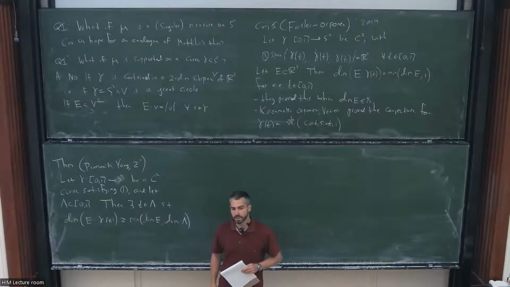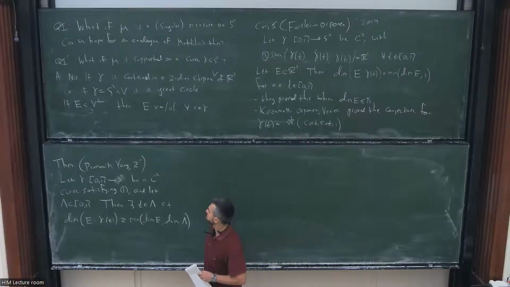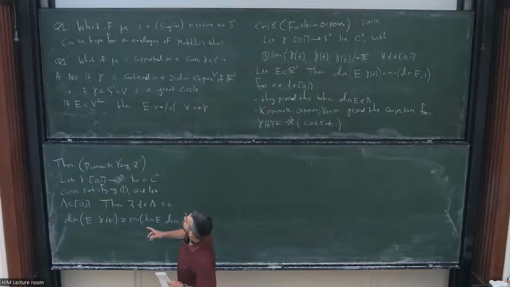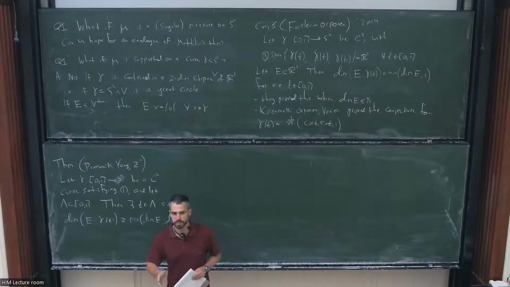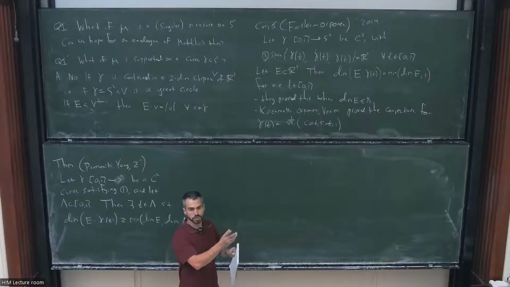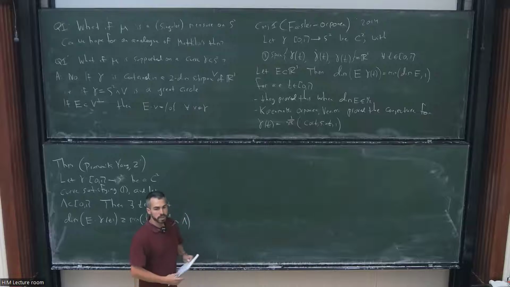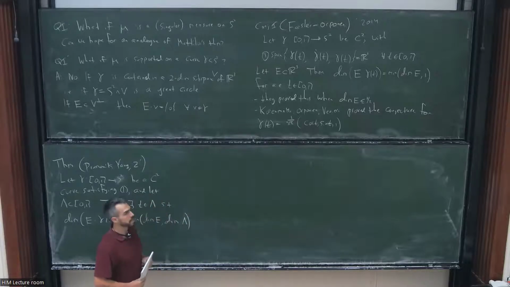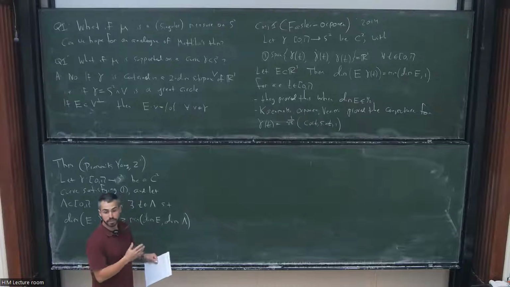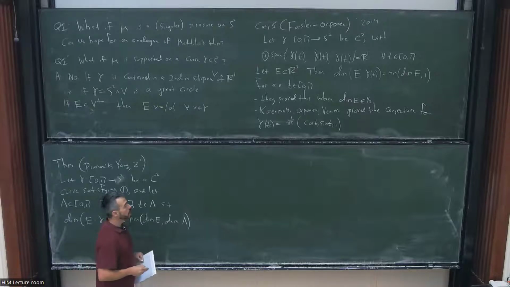So I would say requiring the curve to be C2 is maybe just a limitation of our method, but we need some sort of condition saying the curve can't be trapped in a 2-dimensional vector subspace, right? Because if the curve were a great circle, then you're completely out of luck. There are different questions you could ask. You could ask for some sort of quantitative estimate, just saying that the curve leaves any 2-dimensional subspace at a certain rate, and that makes sense even if the curve isn't C2.